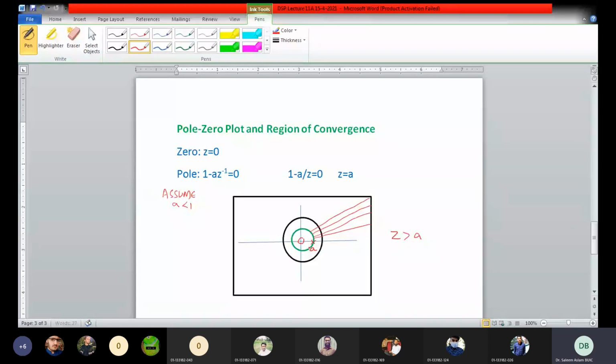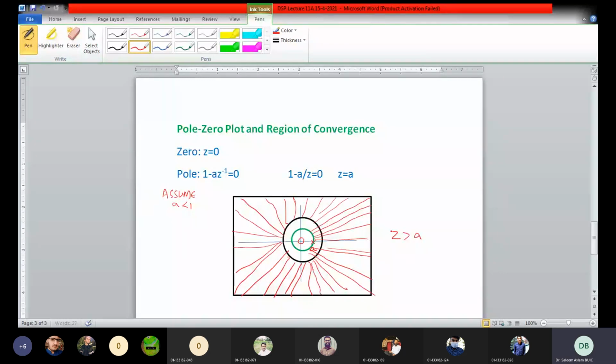So that's how you plot the ROC. Hope you got the idea of how to plot the ROC.